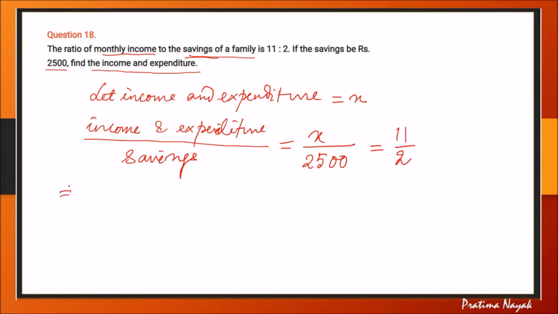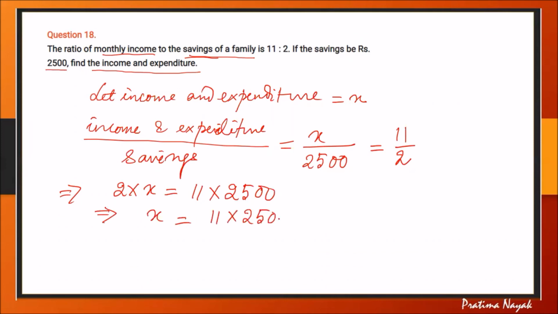I hope you can do it now. So 2 times x is equal to 11 multiplies 2500, or x will be how much? 11 into 2500 by 2. So this will be 11 multiplies 1250.